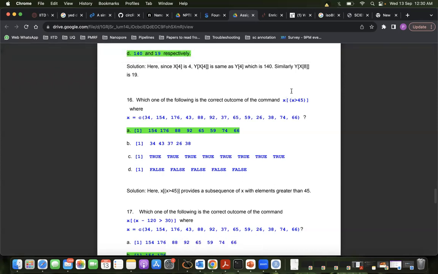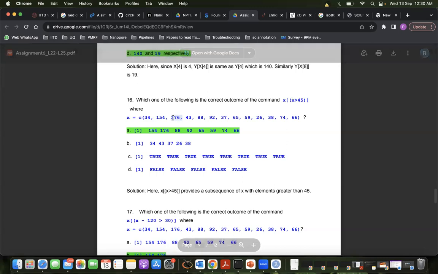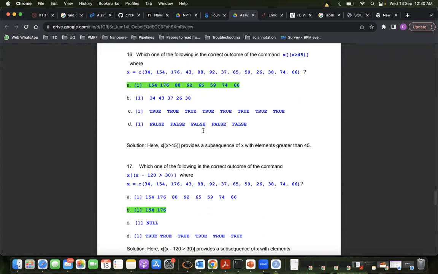Then you feed those true, false values to x, so you get the elements at the true positions. So option A.